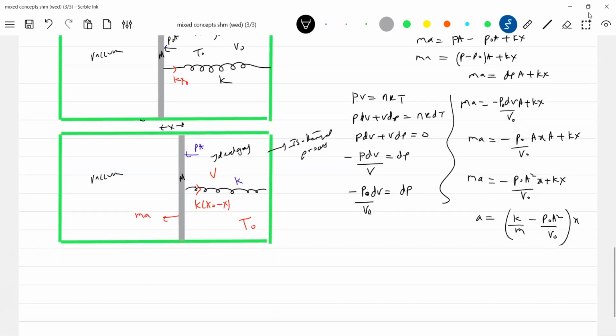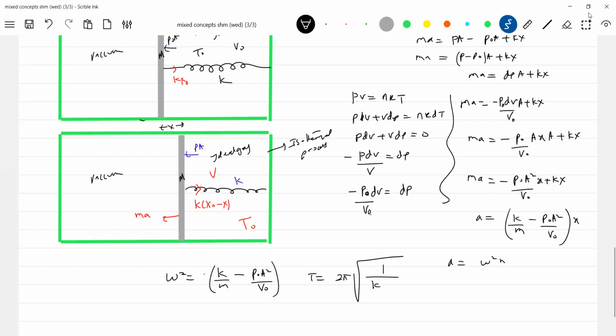Okay, this is the equation of SHM. So what is omega square? It is equal to K by M minus P naught A square by M V naught, or the time period will be as follows. M should be there for both, no?